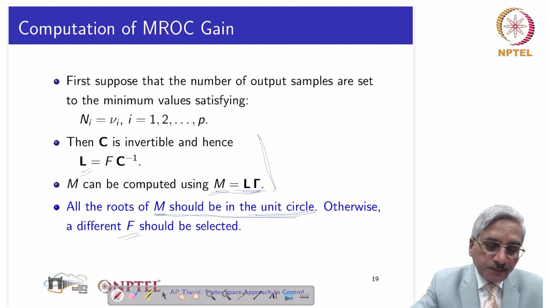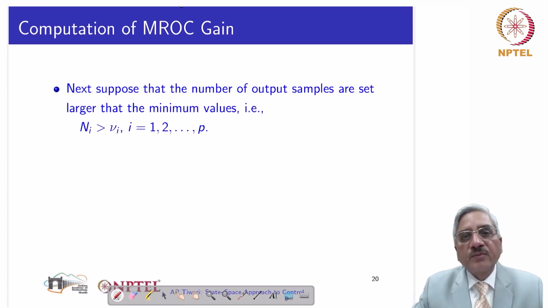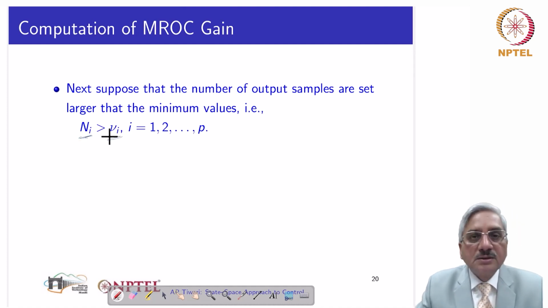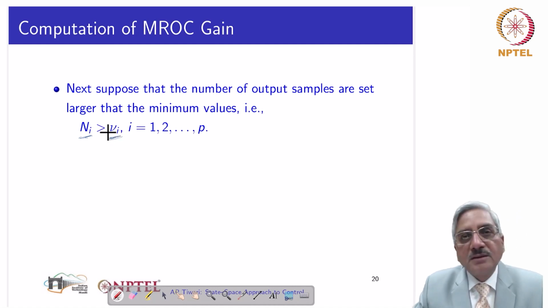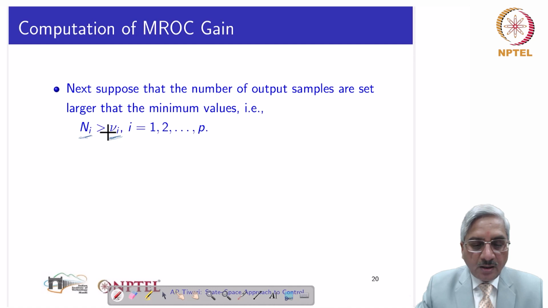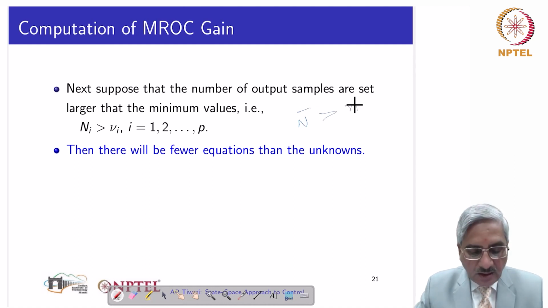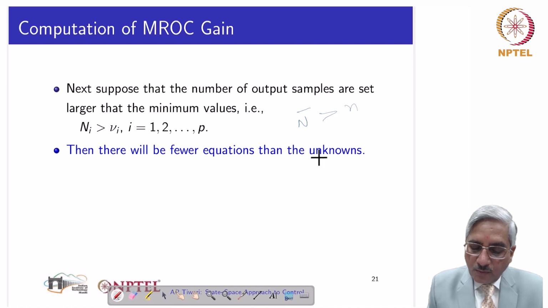Now we come to the second situation. We assume that this N1 is sampled more times than the minimum needed. N1 is greater than the observability index nu 1, N2 is greater than observability index nu 2, and so on. In that case, what happens is we have more unknowns, because n bar will now be greater than n, the system order, and there will be more unknowns, however fewer equations.